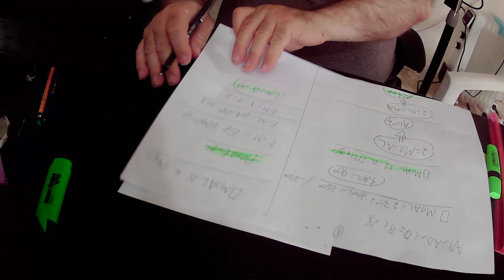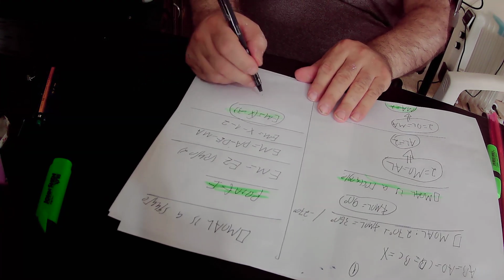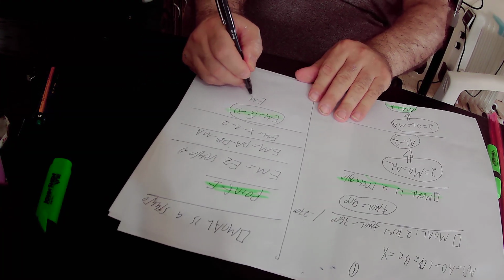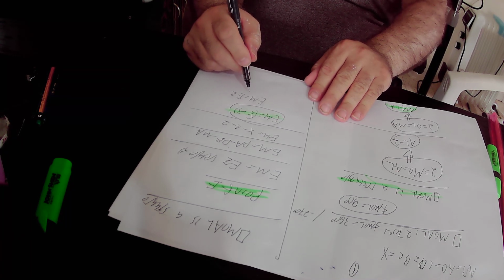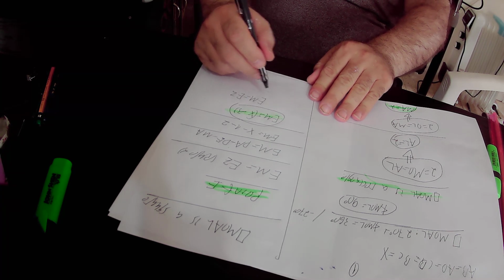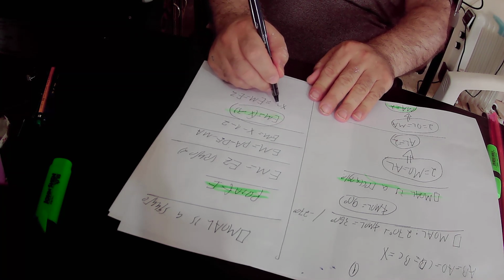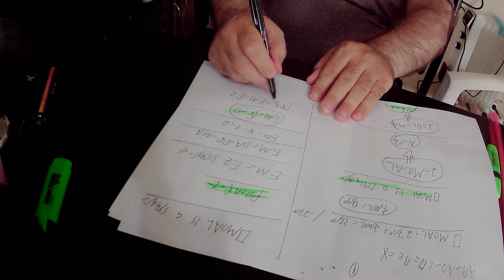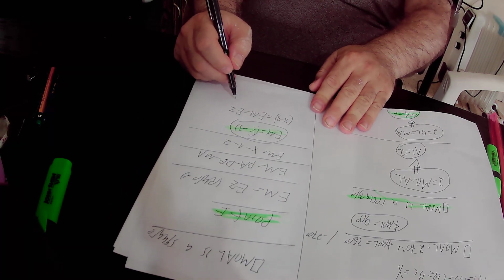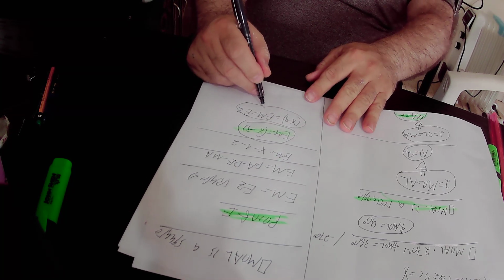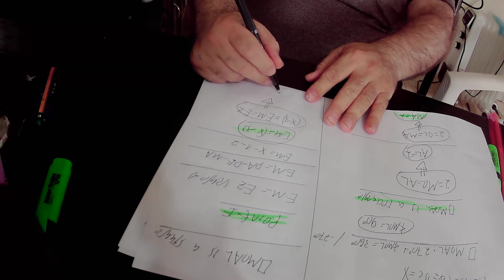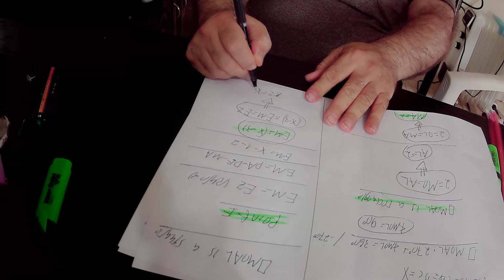According to rule number 2, we have already found that EM equals EZ, and from the other side we found that EM equals x minus 3. From this equation, x minus 3 equals EM equals EZ, we derive that EZ is also equal to x minus 3.